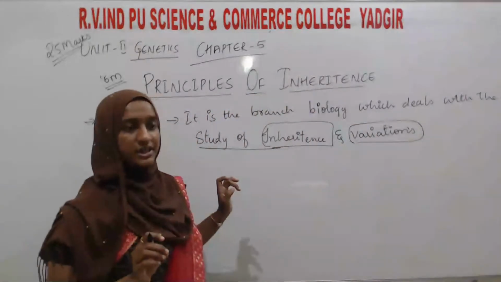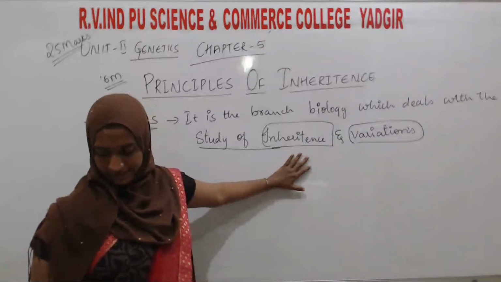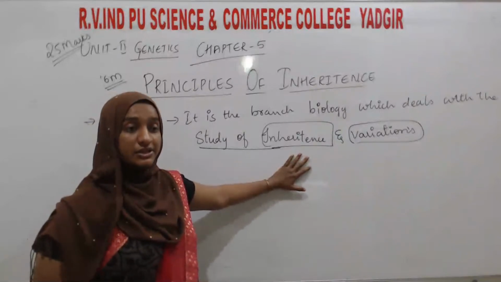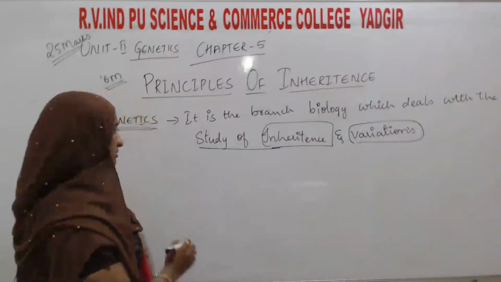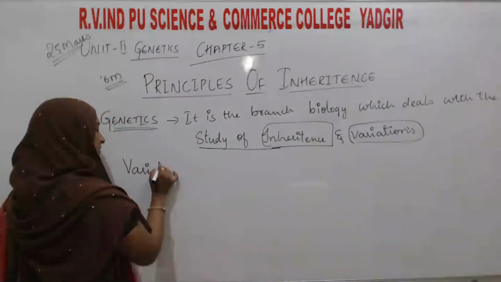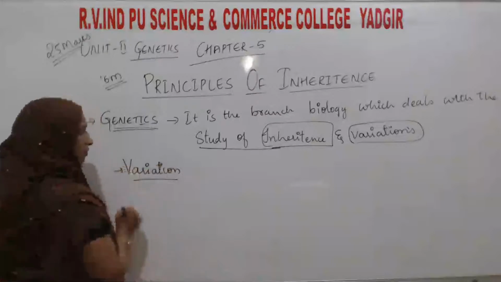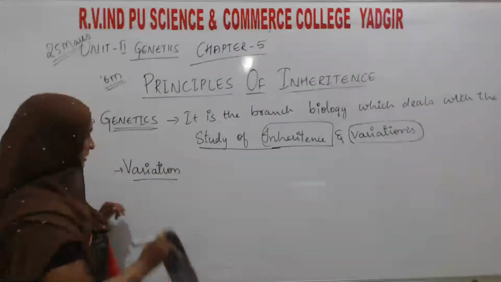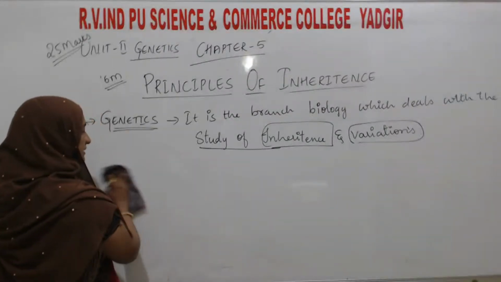Till now we have studied about inheritance. Then what do you mean by variation? Let's see about that. What do you mean by the term variation? First I will write the definition of inheritance.